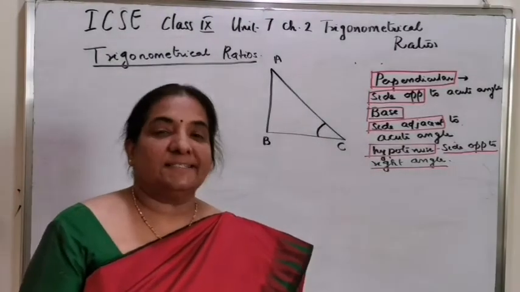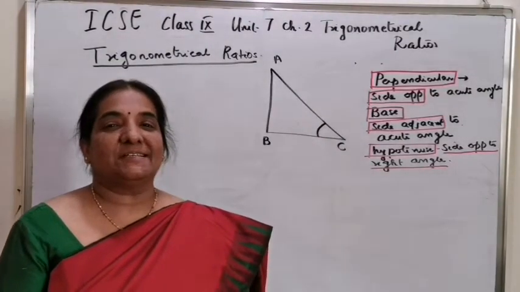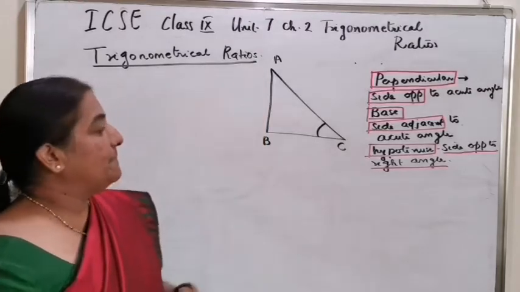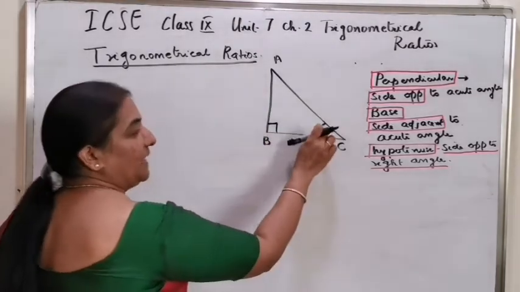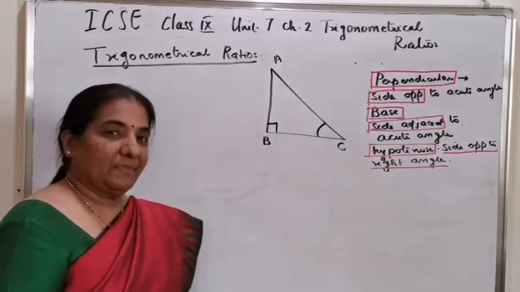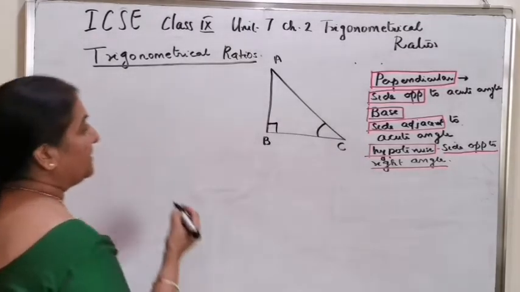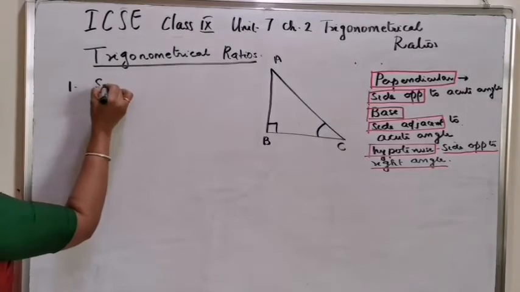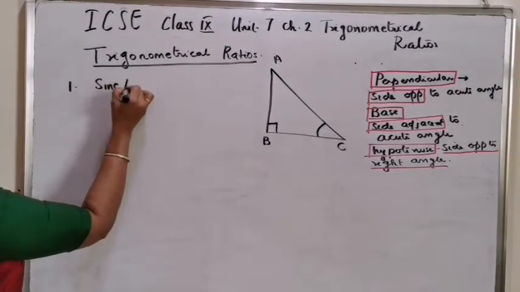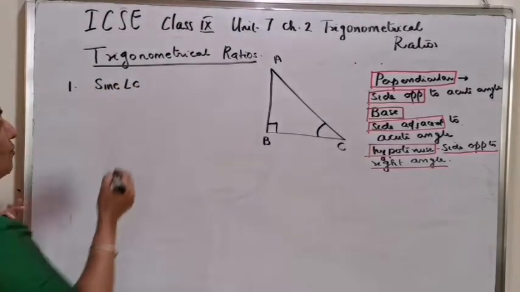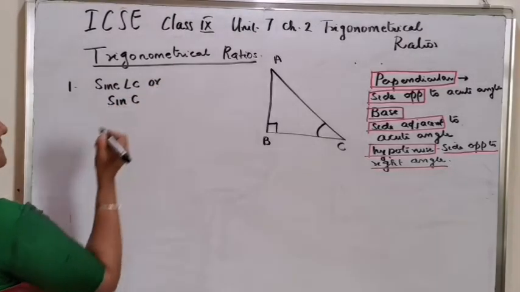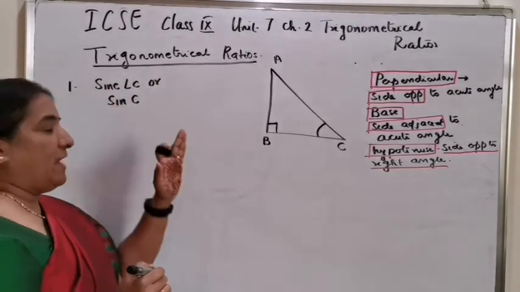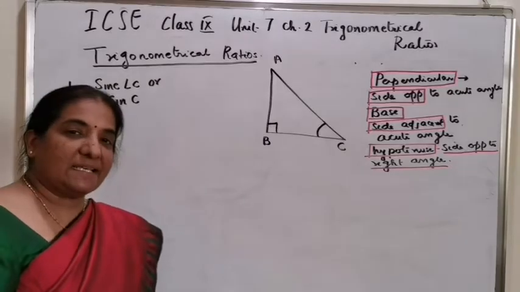Let's define the 6 trigonometrical ratios for triangle ABC, right angled at B, and for the acute angle C. The first trigonometric ratio is sine angle C, or the short form is sine C. The notation of angle is not compulsory.